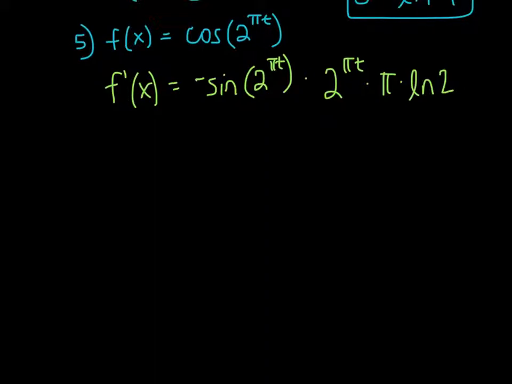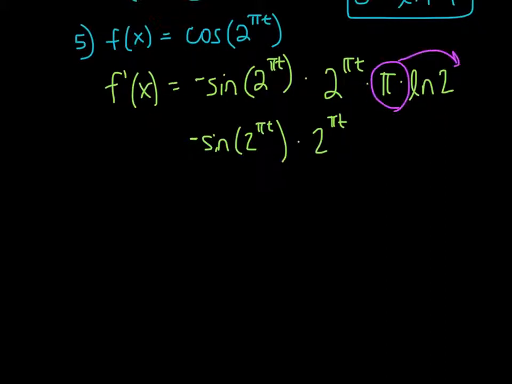All right, and so that is the derivative. And again, you could take one more step and clean up if you recognize that this pi here could be put as an exponent using your natural log rules. So times natural log of 2 to the pi.